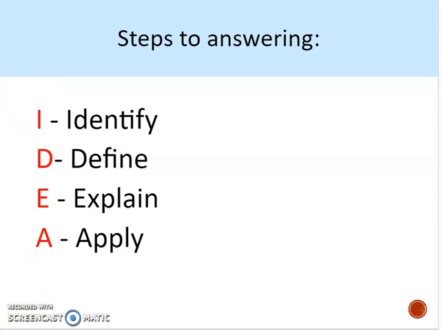So firstly, you need to identify who the characters are and what the potential offences or legal issues are in the scenario. You then need to define the legal issues that you've identified. You then explain those issues using cases, and then you apply what you've just explained back to the characters in your scenario. And if you do those steps, you should get a nice answer to the question.